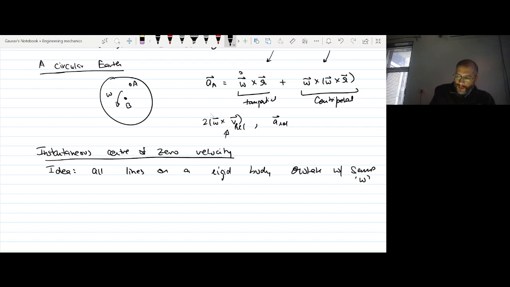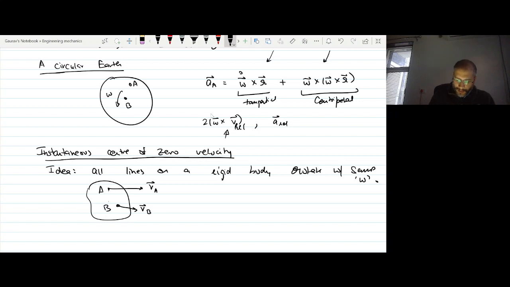same omega. So if that is the case, at some instant I have a body and I have 2 points, so let's say point A has a velocity V_A and point B has a slightly smaller velocity, V_B.